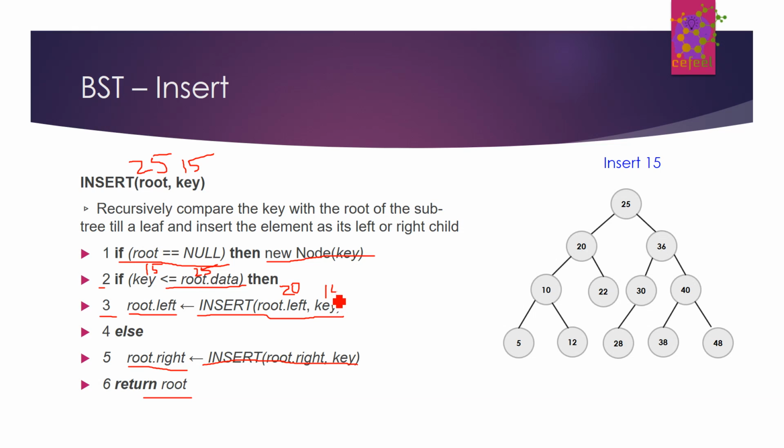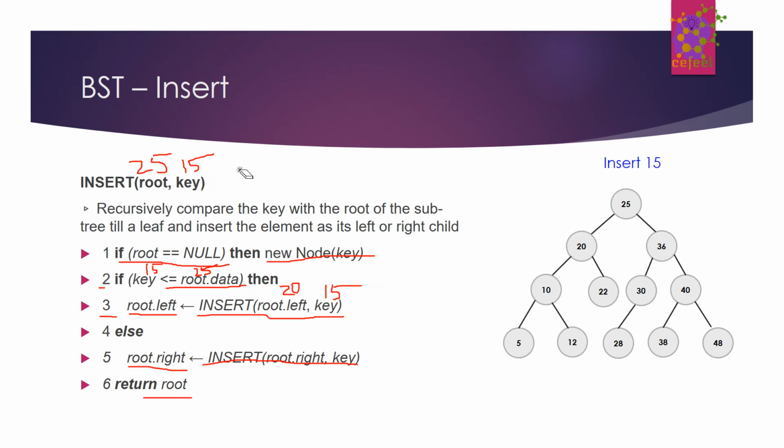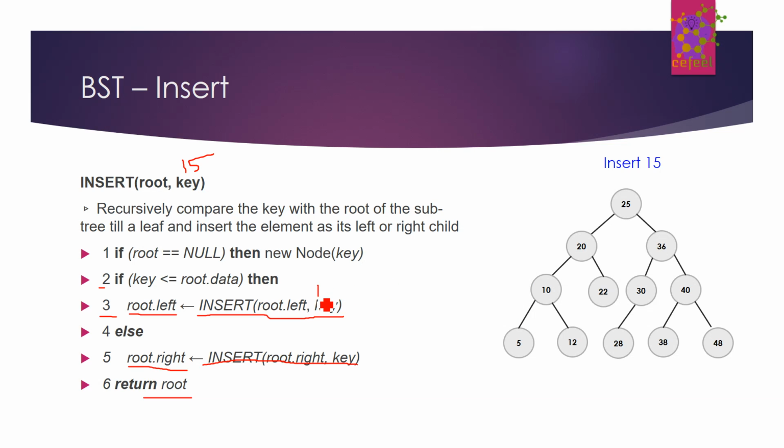So this will call the insert operation recursively over here, and let me now swap the values so that we show the next recursive call. So next, the key is always 15, so 20 will be passed over here.